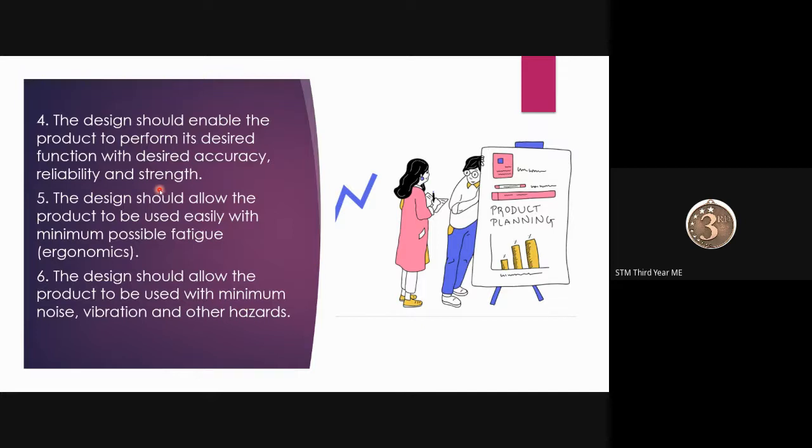Next point: the design should allow the product to be used easily with minimum possible fatigue. Fatigue is nothing but the stress we incur. As an example, you all have seen KSRTC buses, right?